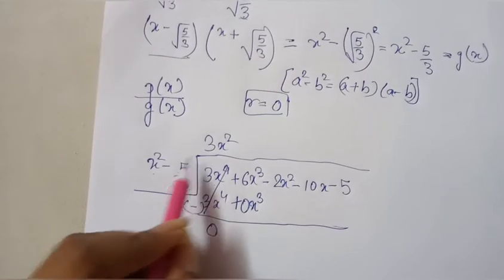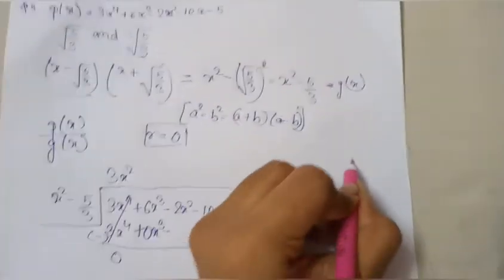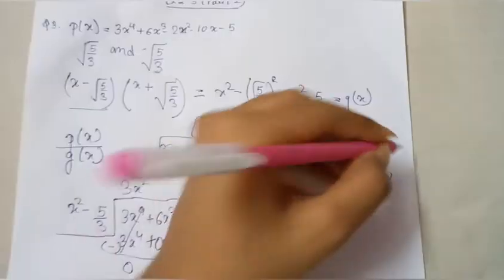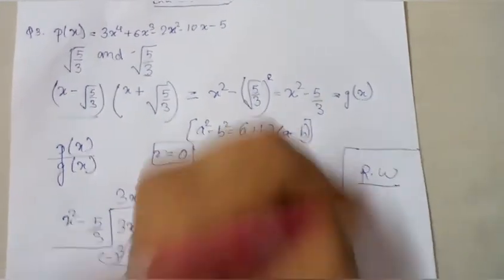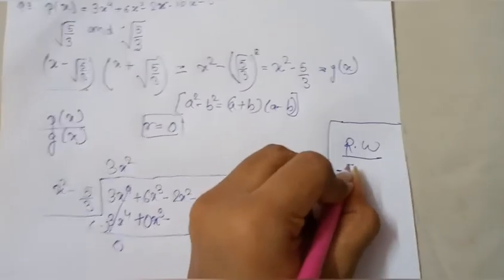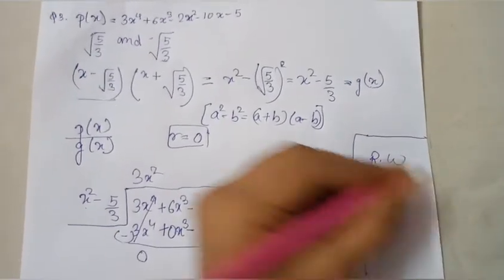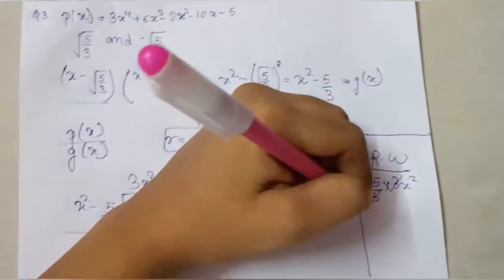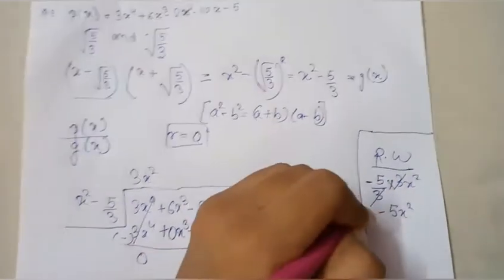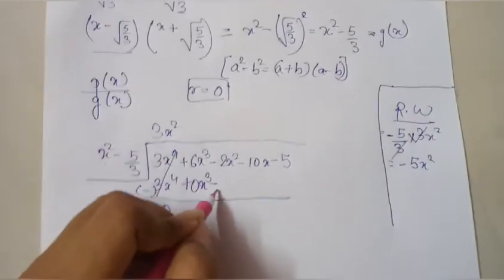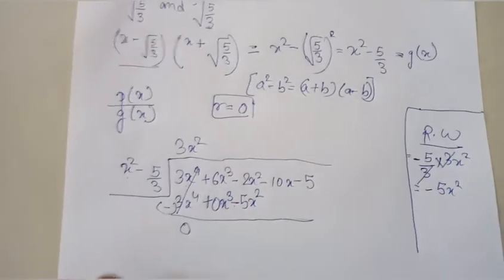Now we'll multiply this, and we'll do some rough work here, as sometimes children get confused. See, minus 5 upon 3 into 3x square, and you can see we can cancel the 3 and 3, so we'll get minus 5x square.